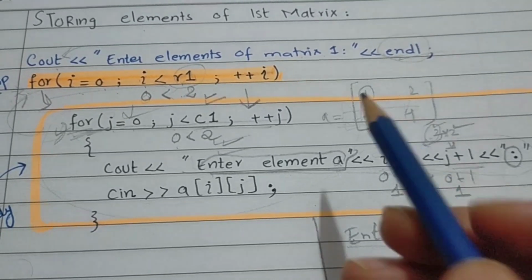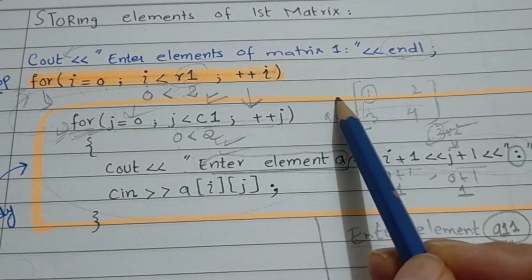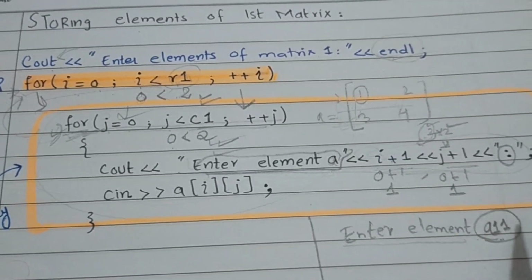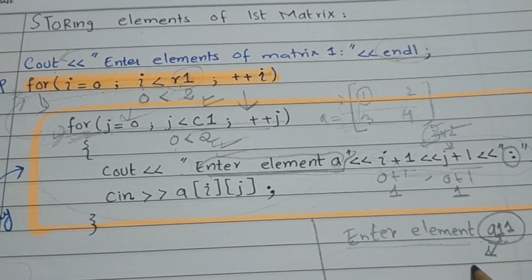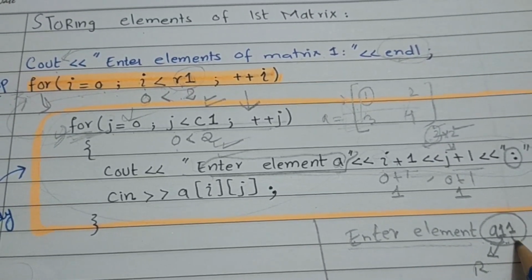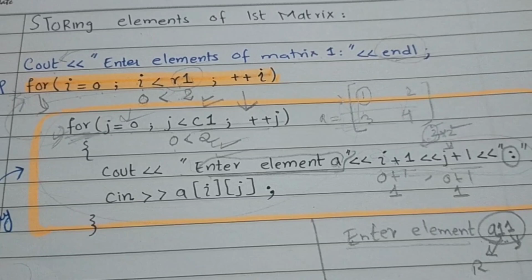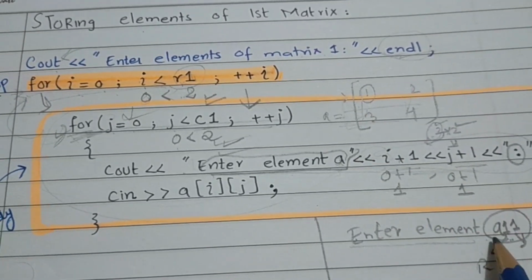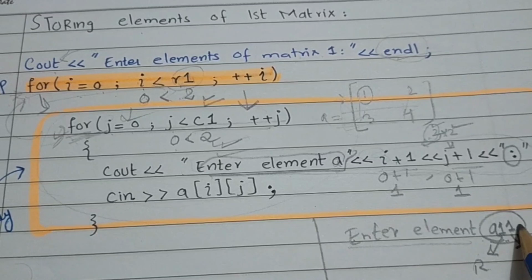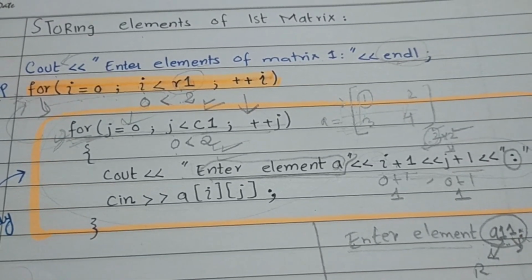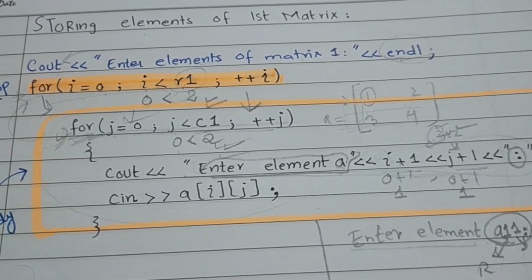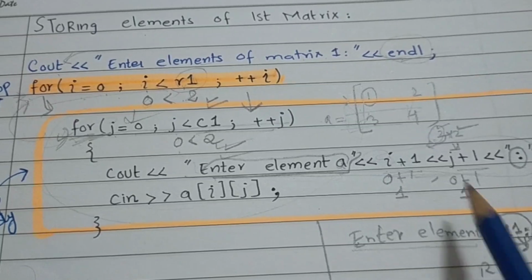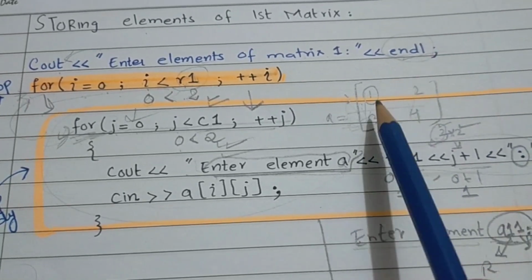A11 means that the term is in the first row and first column, right? The first digit shows the row and the second digit shows the place of the column. So this shows that the digit is in the first row and first column.